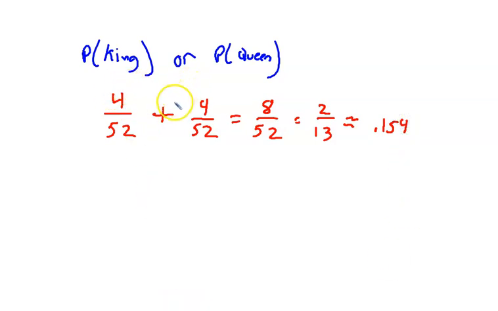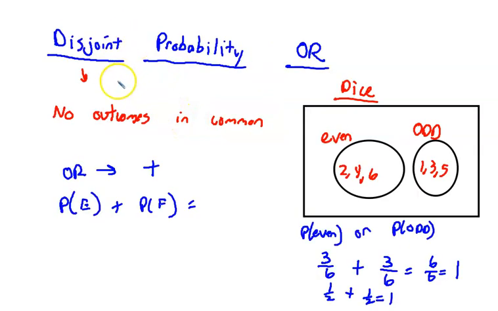So that's getting a king or a queen. Now this video is not about the scenarios of what if we wanted to pull a king or a diamond, or a king or a heart, or a queen or a diamond. Now there is overlapping ground there, and that's going to be a separate video from this, but this video just focuses on disjoint probability with the word or. So no outcomes in common, so all we have to do is just add.